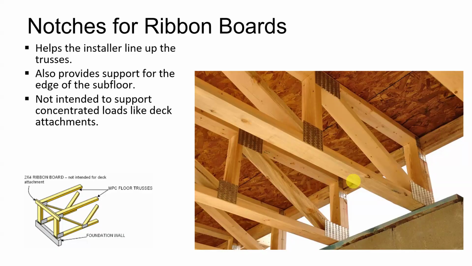But it's not intended to hold up the weight of a deck. So you're not supposed to take a lag bolt and lag bolt your big deck into there, because that's only meant for lining up the trusses and supporting the edge of the subfloor. You're going to need a bigger honking piece of wood bolted on or built into the truss, if they wanted to, that would provide a connection for a deck.